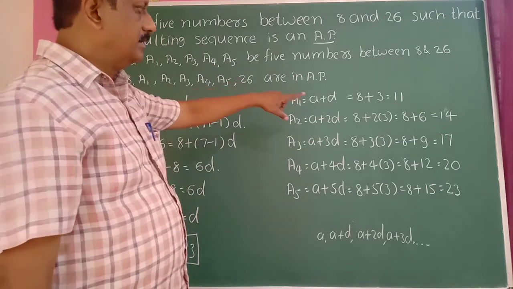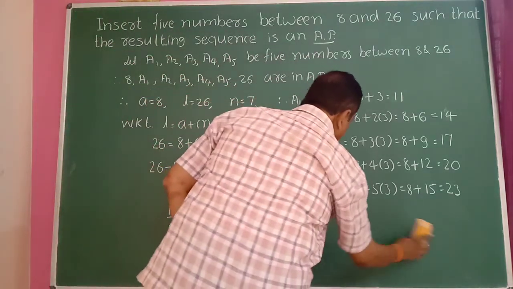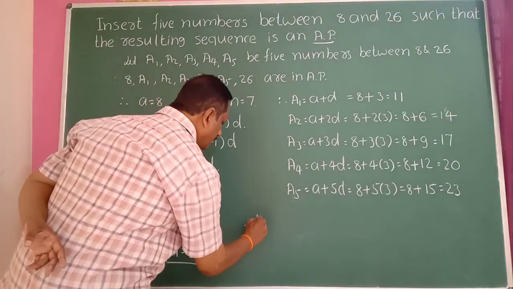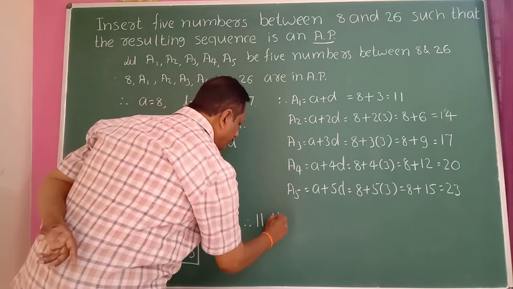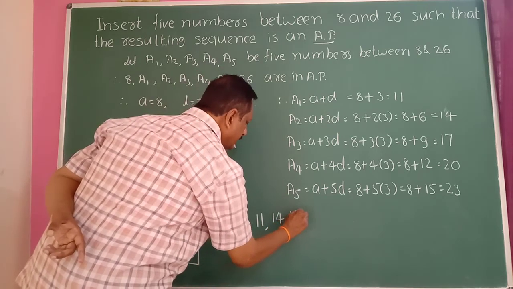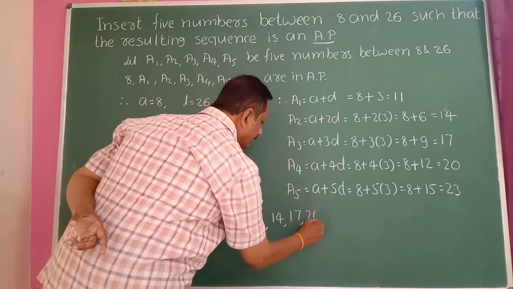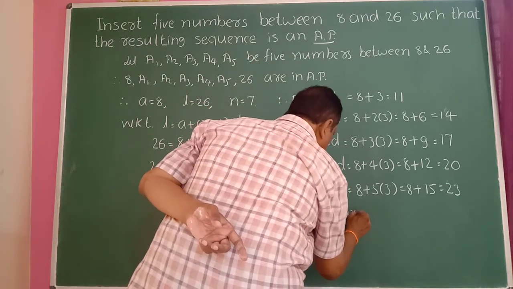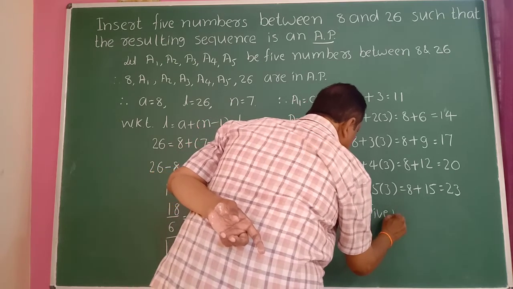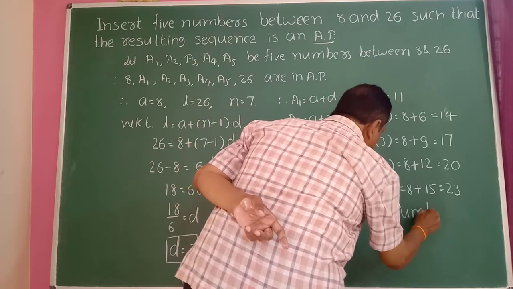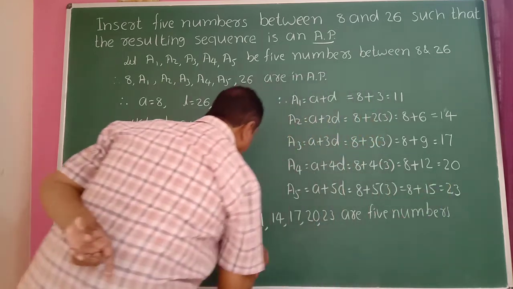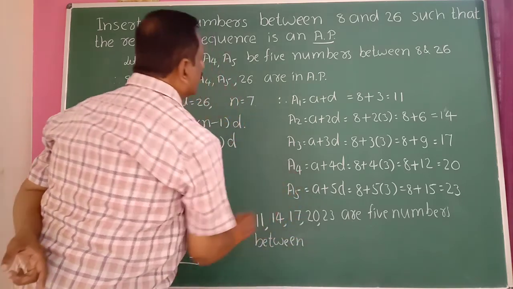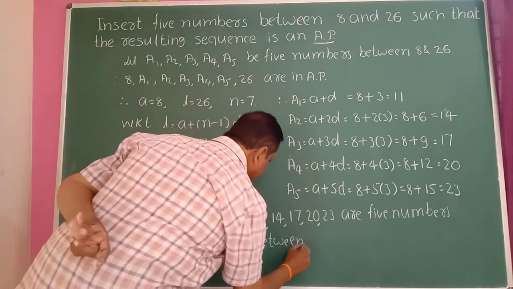Therefore these are the required numbers between 8 and 26: 11, 14, 17, then 20, then 23 are the 5 numbers between 8 and 26.